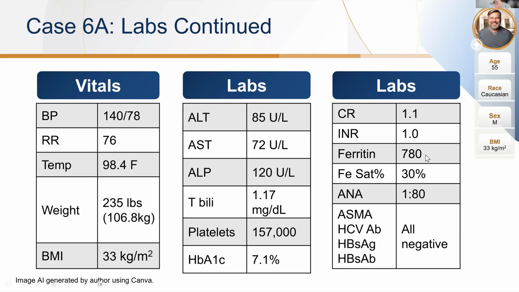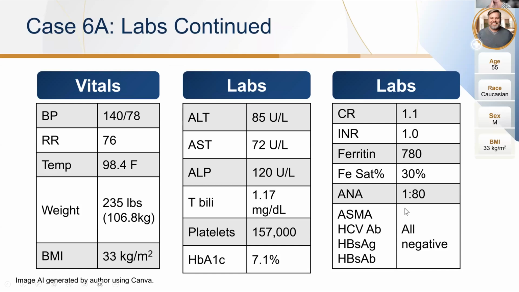His ferritin is within normal limits for a guy. And again, we would be more suspicious of something being a little bit more risky there if that was over 1,000, that's kind of my little off the cuff assessment for that. I'm sorry, ferritin saturation or iron saturation around 30%, within normal limits.